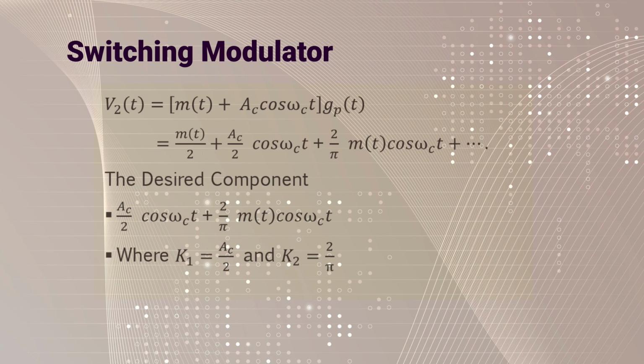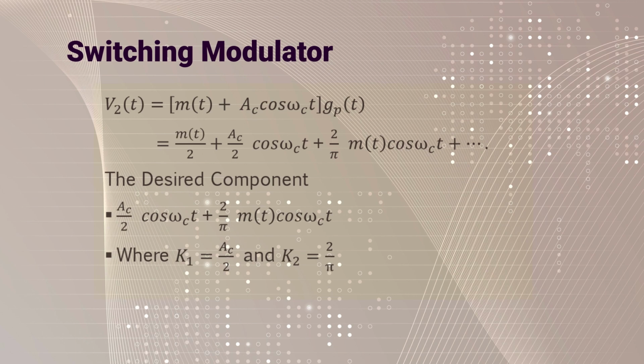Now, this signal is passed through the band pass filter, which will pass the terms having frequency omega c plus omega m and omega c minus omega m. Therefore, it will pass only up to the second term having the frequency omega c, and the third term, which is the product of m(t) and cos omega c t, which gives the frequency terms omega c plus omega m and omega c minus omega m, and reject the remaining terms.